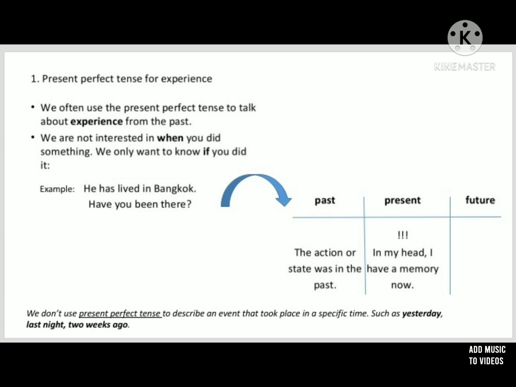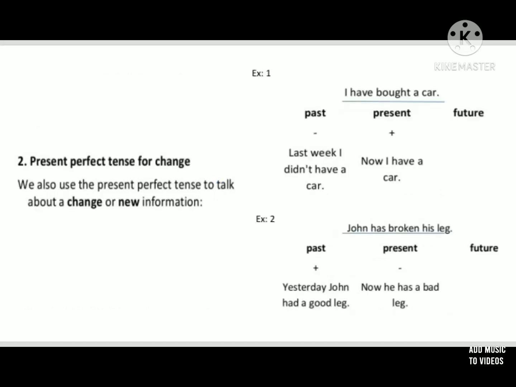Right? And also, we don't use present perfect tense with such adverb phrases such as yesterday, last night, 2 weeks ago, etc. The second one, we use present perfect tense to talk about the change or a new information.